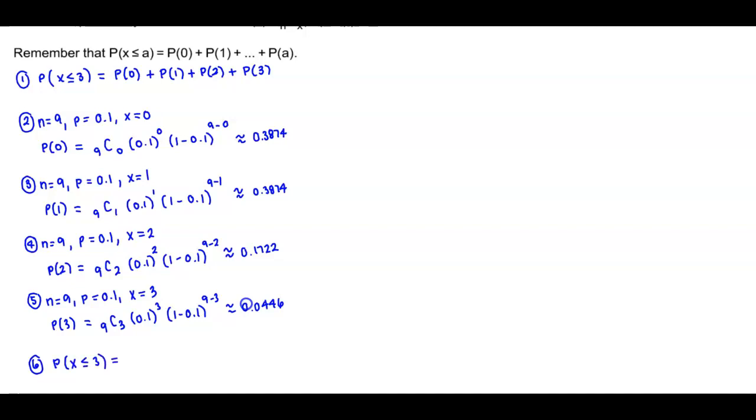the probability of 0 was 0.3874, plus the probability of 1 was also 0.3874, plus the probability of 2, which is 0.1722, and plus the probability of 3, which is 0.0446.